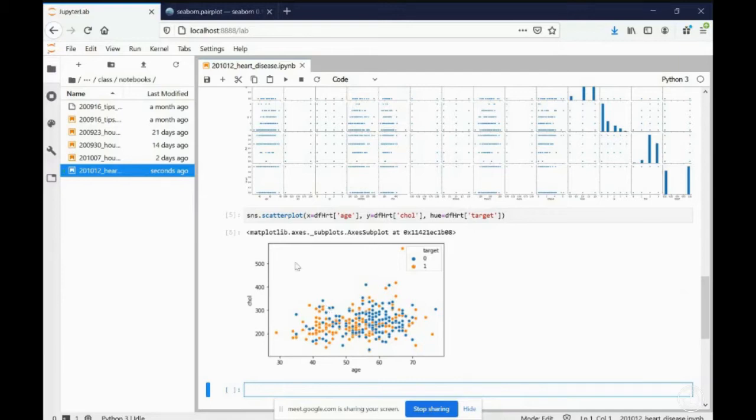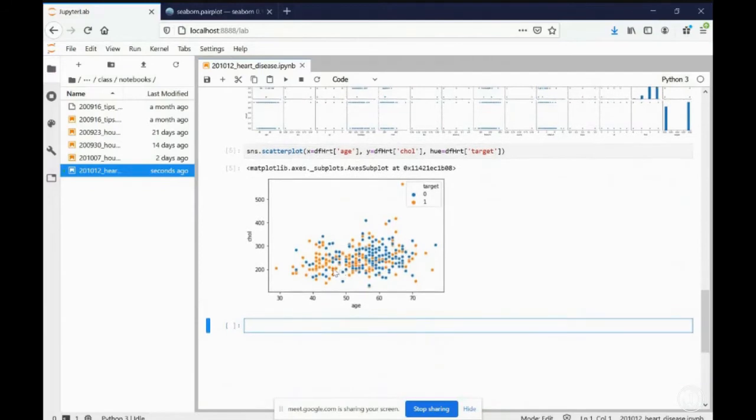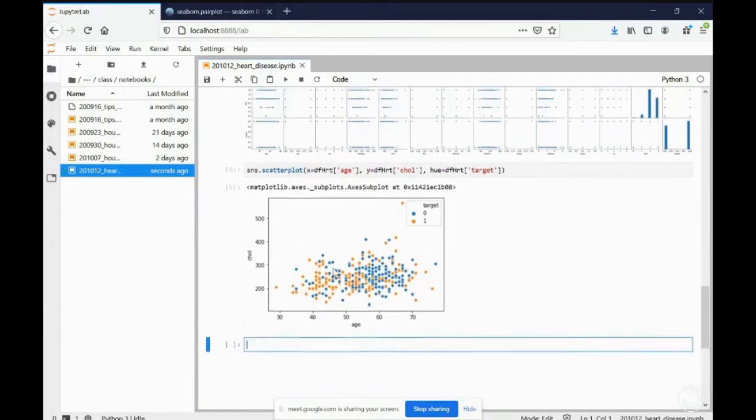So this, we're not seeing that. If we had seen a bunch of orange points on the top right, which means people typically who are older and have high cholesterol, maybe more susceptible, or if you see bottom right or top left, or maybe young people. But what we're seeing from this chart, if you look at it closely, is that we would have thought that as you get older, maybe you might be more susceptible.